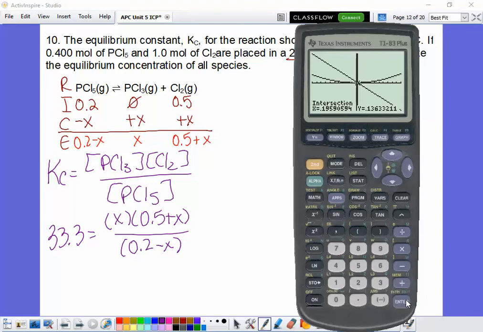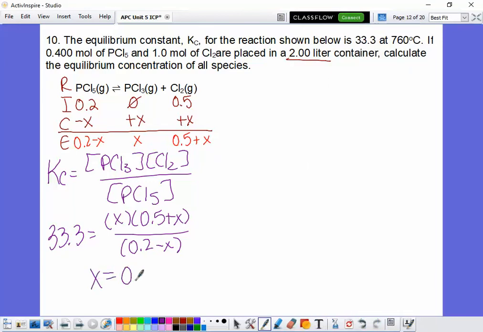And what is my x now? 0.196. It was 0.199 last time. Now it's 0.196. See how it changed just a little bit. So to find my PCl5, it's going to be 0.2 minus 0.196, so 0.004.